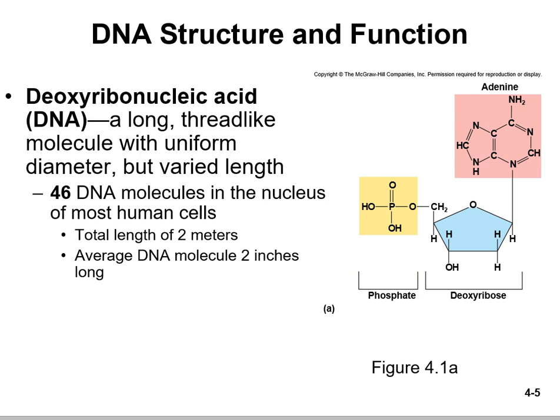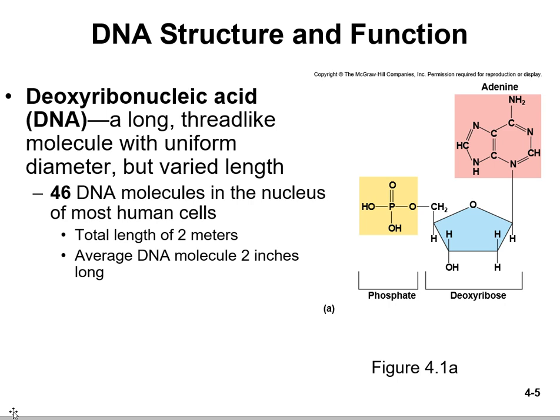So deoxyribonucleic acid, or DNA for short, is a long thread-like molecule with uniform diameter, but it does vary in length. If we could pull the DNA out of each of our cells in the human body, it would be over 2 meters long.